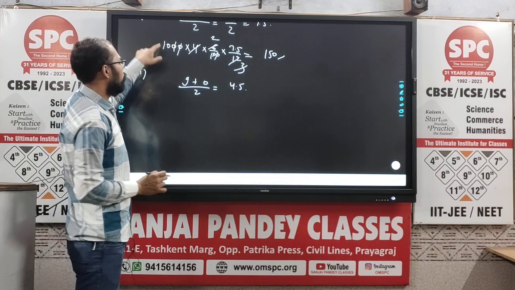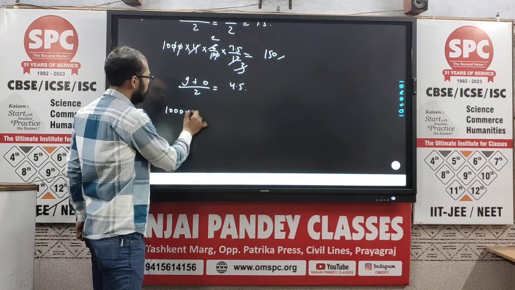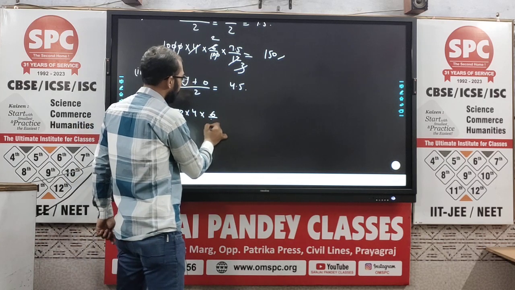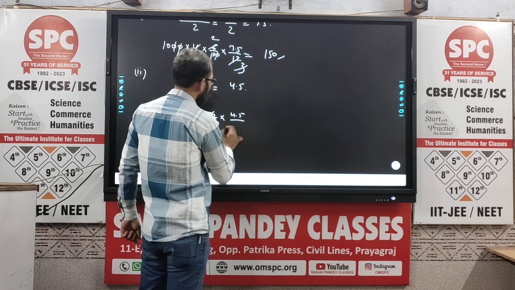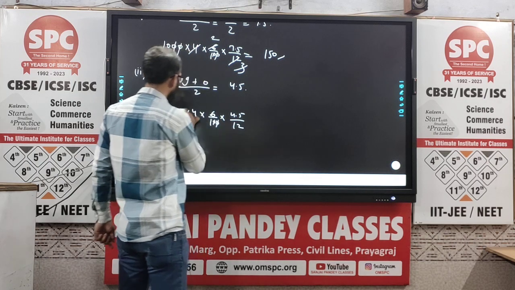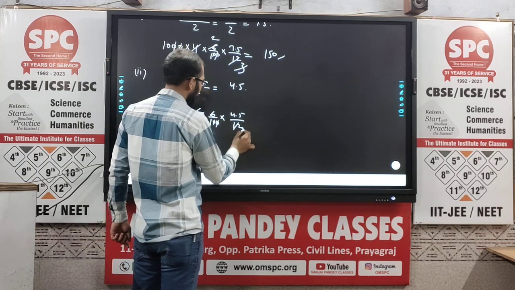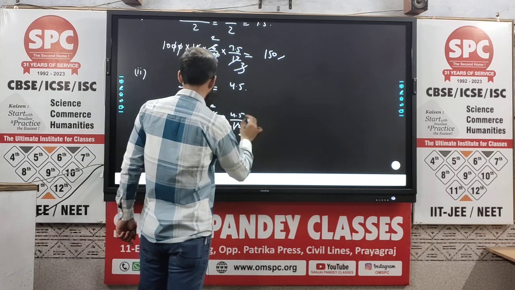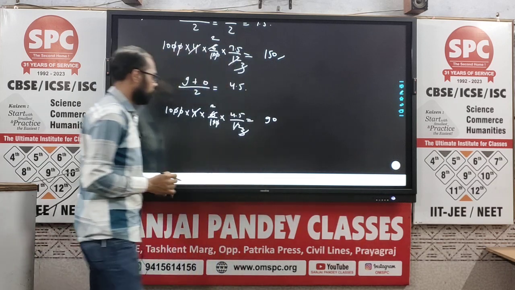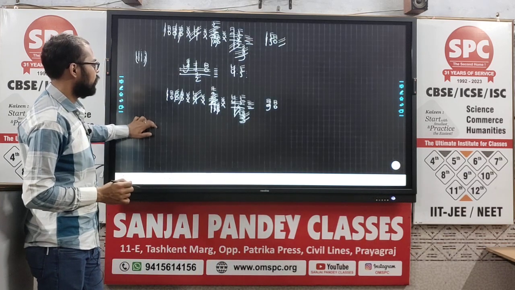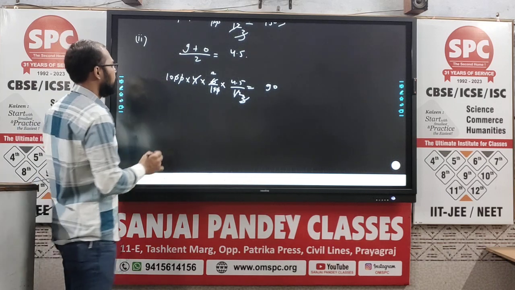Applying the similar operation here, you will get 90. If the partner withdraws at the end of each quarter, then you will get rupees 90 as the interest.